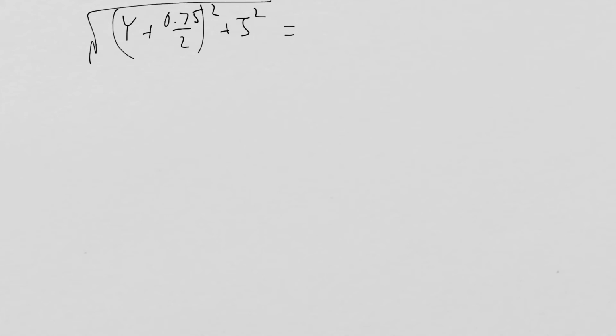The square root of y plus 0.75 over 2, squared, plus 5 squared, that's R2, minus the square root of y minus 0.75 over 2, squared, plus 5 squared. And that equals lambda over 2, because that's when it's quiet.